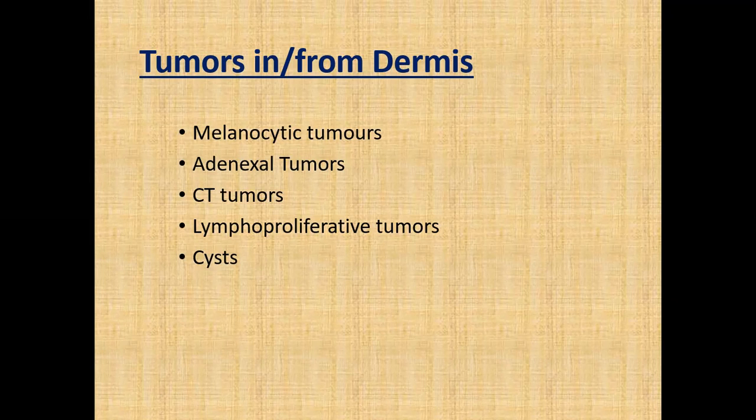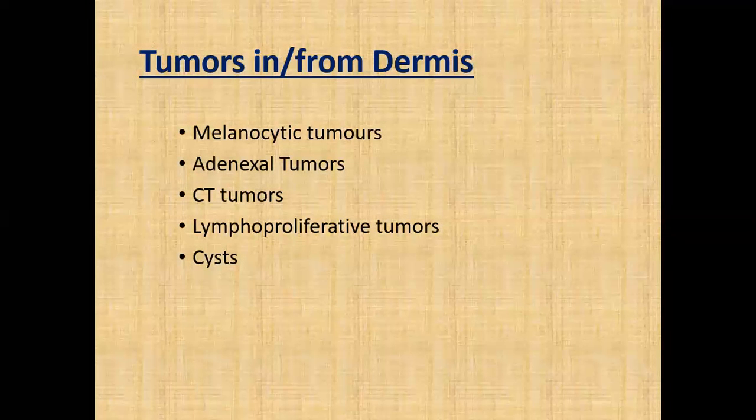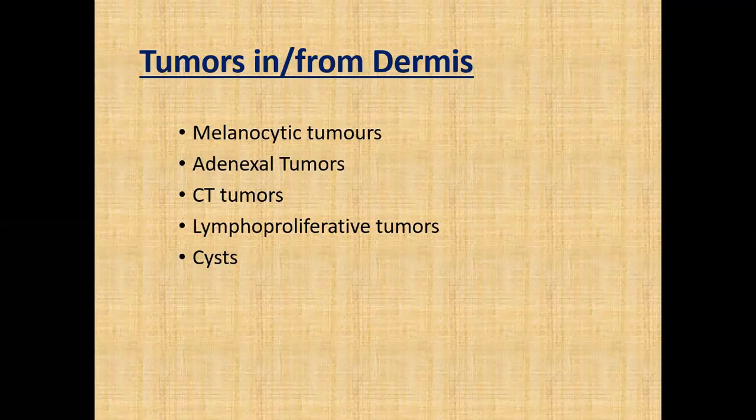And we see connective tissue tumors because the dermis comprises collagen and fibroblasts, and there are nerve bundles and blood vessels also in the dermis, along with erector pili muscles and the muscles surrounding the blood vessels. So all the tumors that originate from the connective tissue will be seen within the dermis.